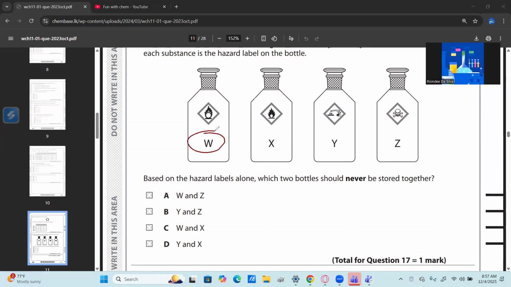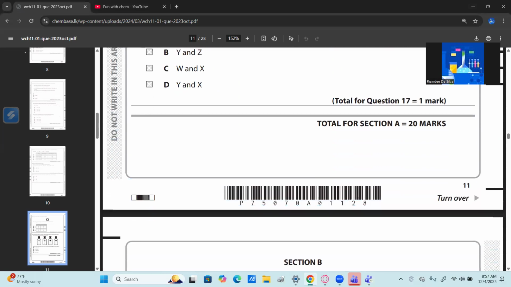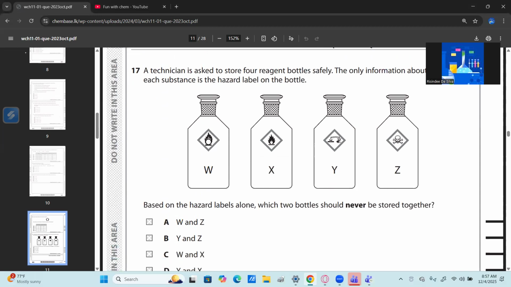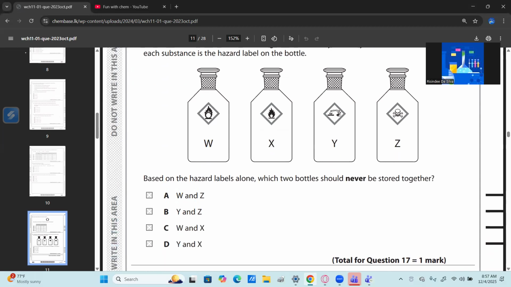Oxidizing is very dangerous, and if you keep an oxidizing one with a flammable one, the damage will be greater. So W and X. Because for the flame, you need oxygen, and oxidizing ones will give oxygen. So the flame will be greater. The damage will be greater than the other two, right?